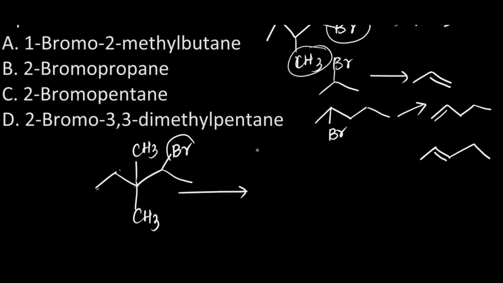So Br will leave from here, it can form the terminal alkene, or here I don't have hydrogens, so obviously it can't leave from here. So if there is only one methyl group, then there is a possibility of forming a major product.